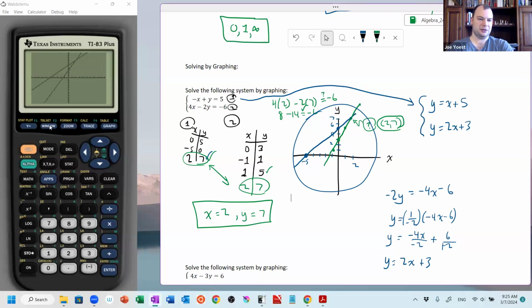So what I would typically do here is zoom in on that intersection that I see now. I would narrow down my search, maybe taking x from 1 to 3, and y I thought was something like 6, 7, 8, something like that. So maybe I'll go from 5 to 10 on the y-axis, y min of 5, y max of 10, and then regraph.